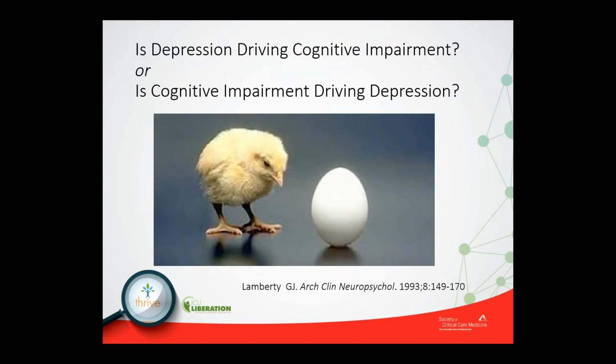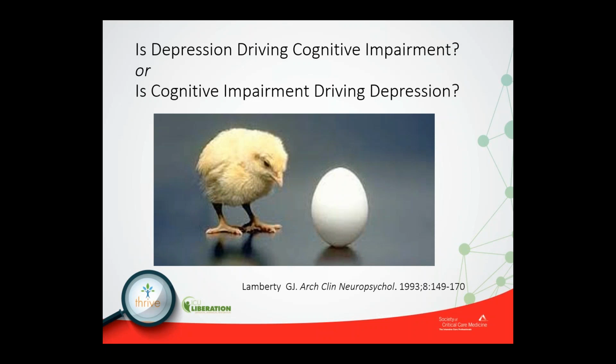You'll see a chicken and an egg, and I want to highlight an important question that we need to get at clinically. Is depression driving cognitive impairment, or is cognitive impairment driving depression? This is important to tease out with our ICU survivors. They often themselves don't know the answer to this question, but it has clear implications for treatment.